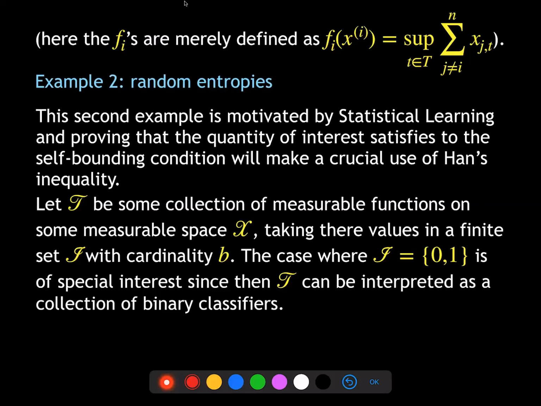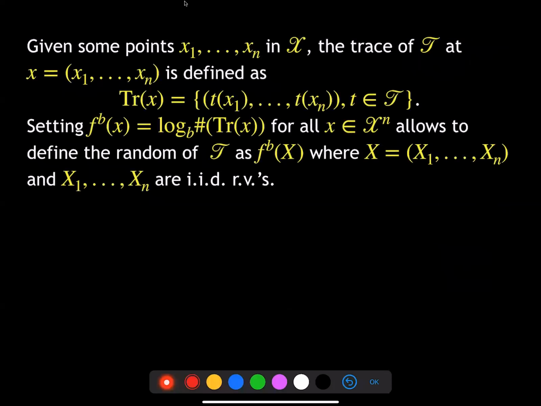So in this case, the collection capital T here can be interpreted as a collection of binary classifiers. And you look at the quantity here, which is defined as the set of the vectors that you can produce by looking at the action of all possible T's on the original points x1, ..., xn.